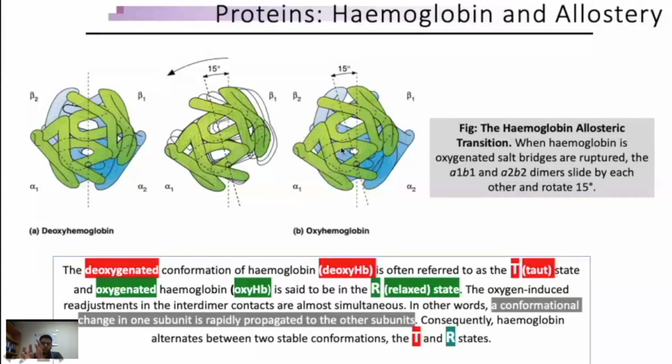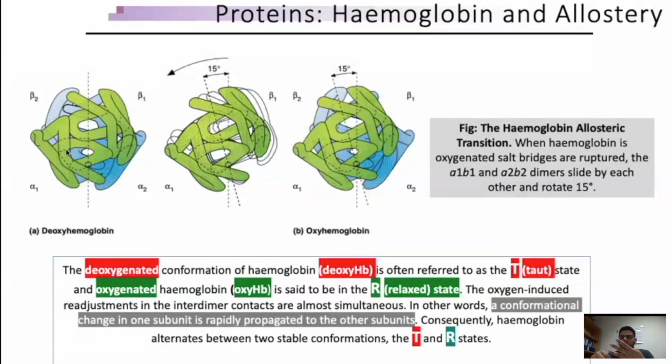This change is very important because as the first oxygen molecule binds to the heme present in the hemoglobin, the rest of the three positions are exposed for further binding. I mean, there are four positions for ligand binding in hemoglobin.